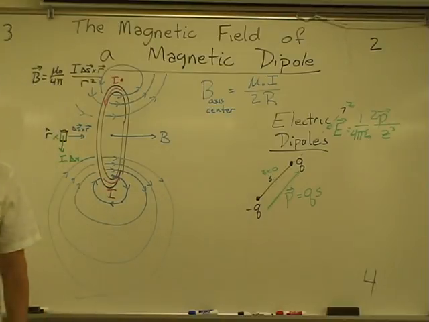That's the equation that describes the effect of the electric dipole on axis.